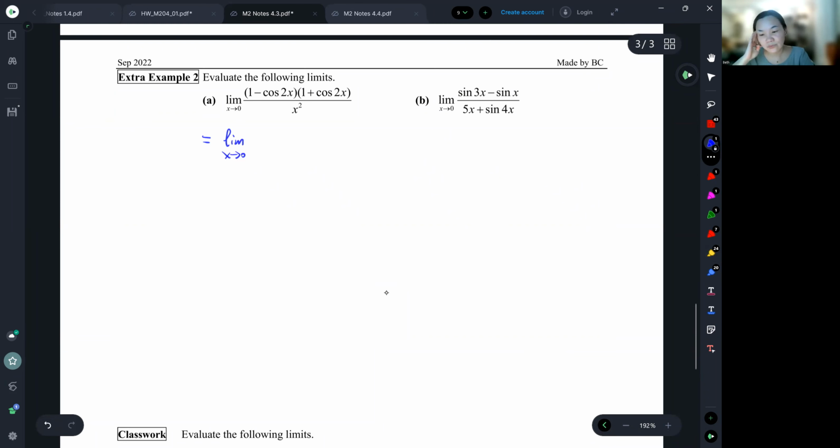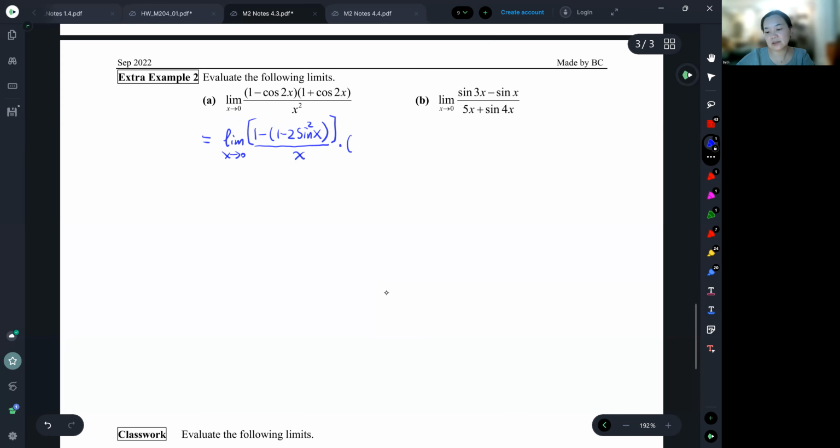you may think, do I have to expand? Yes, you can, but you can also follow me. Because I know this function is fine, I will not care. I will just change this to 1 minus 2 sine x squared divided by x squared.